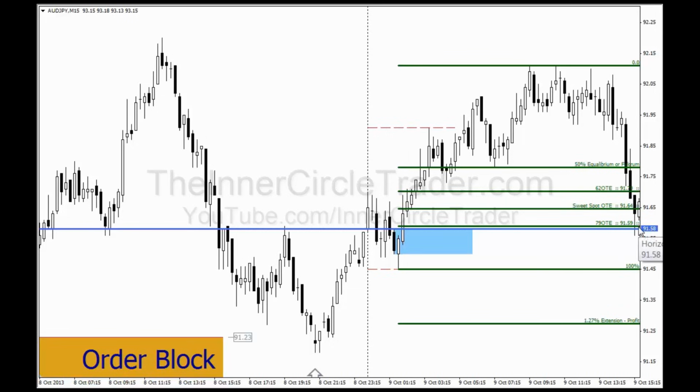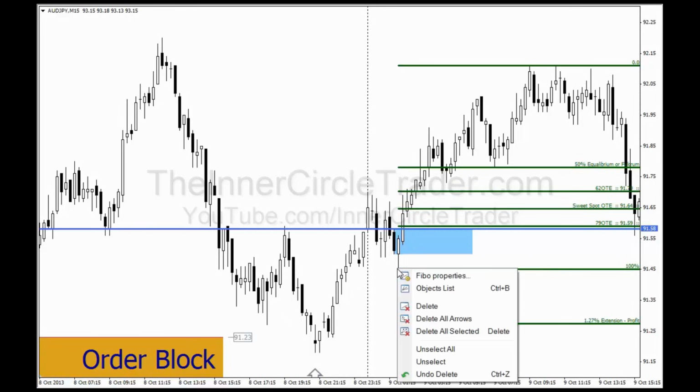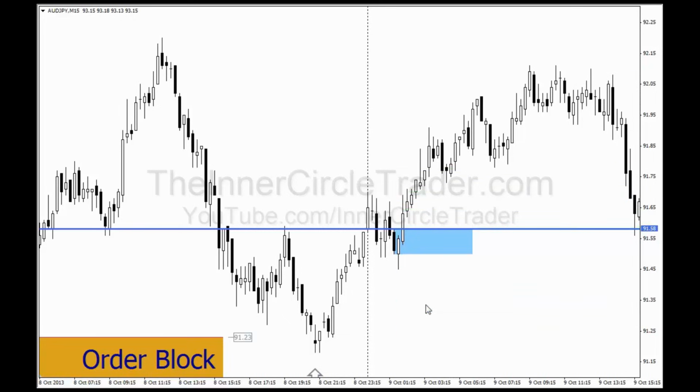But let's reference, let's get that off, we don't need it. Let's reference our previous example, where we used the support and resistance idea and Fibonacci concepts for hidden optimal trade entry.